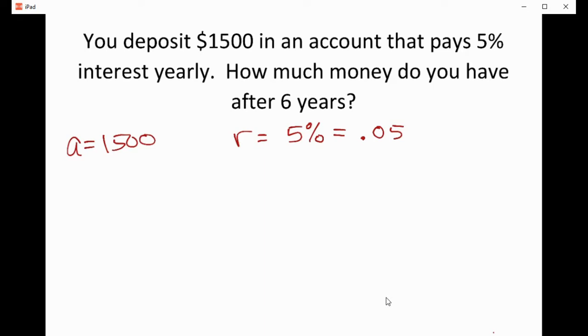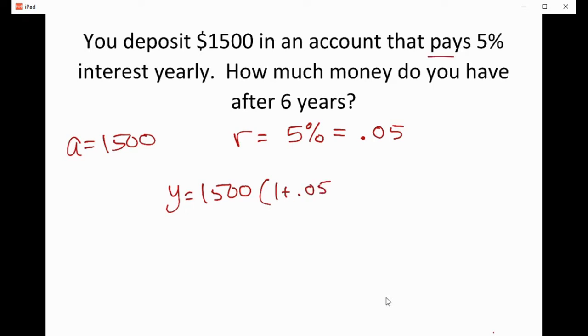A percent is per 100. So just think of it like change. So 5% is 0.05. That's the same as a nickel. If you put 0.5, that'd be 50%. That'd be crazy.